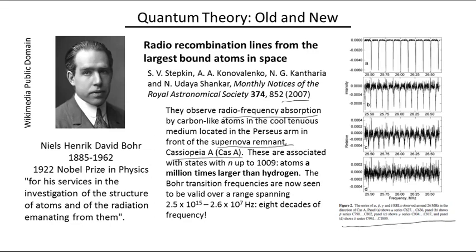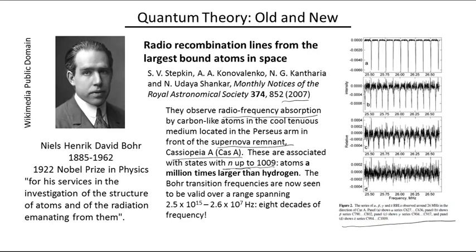So these are numbers like 25 megahertz. And you see this regular series of absorption lines, all very sharp, and they satisfy the Bohr formula. But now the values of n are not of the order of 1, but range up to about 1,000.